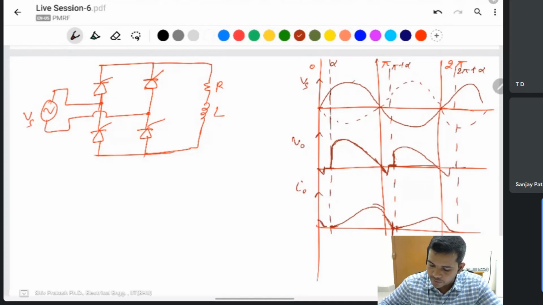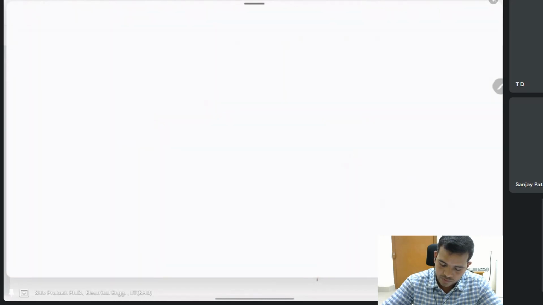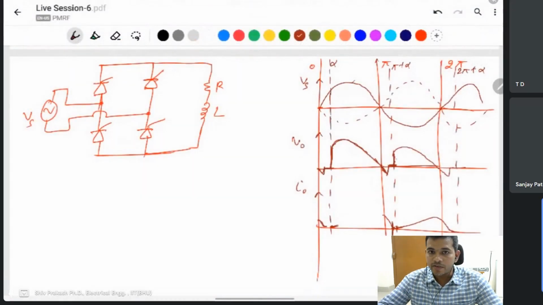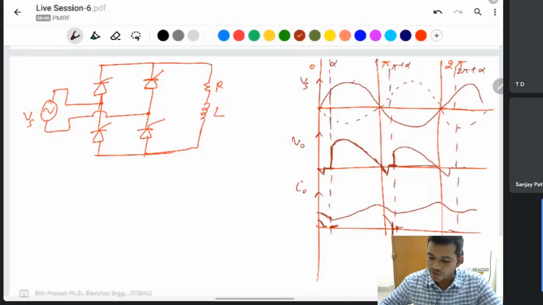It could be 0 from here also. If you increase the value of inductance, then you can find this also in the continuous conduction mode, like this. Maximum, minimum, maximum, minimum. It could not be 0 also.